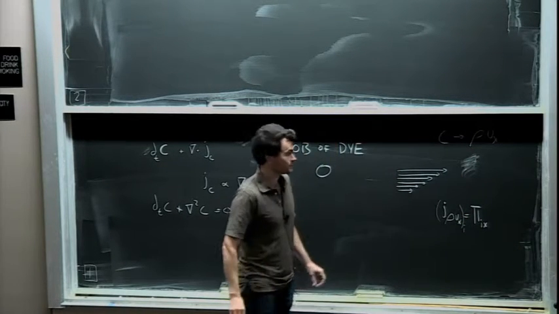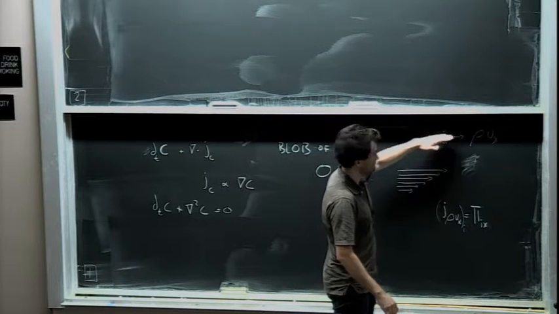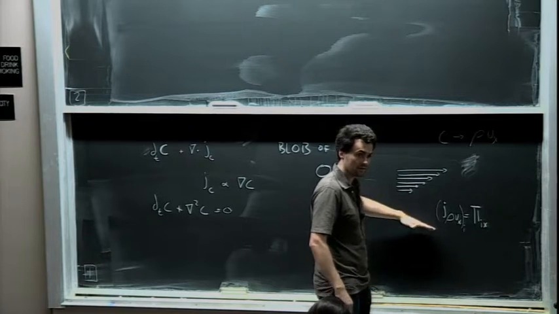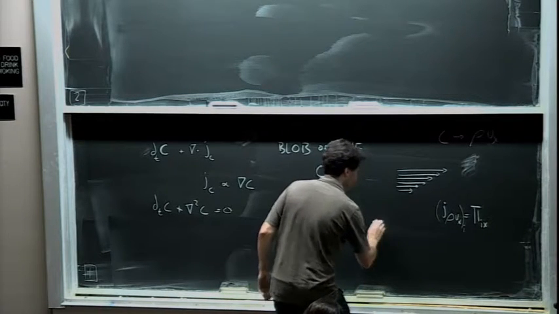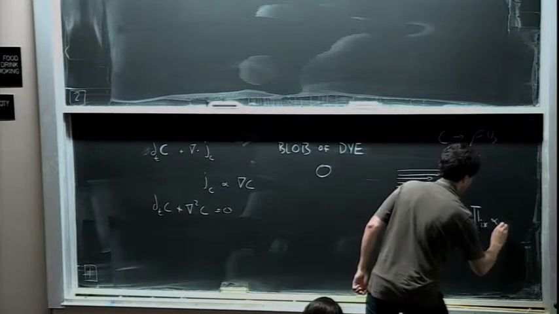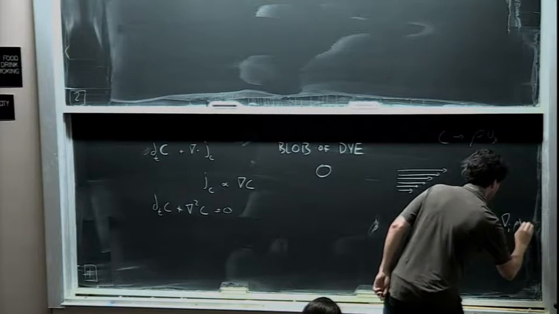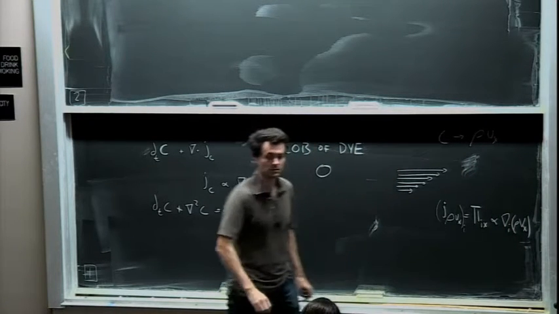The current associated with this diffusing x momentum is proportional to the gradient of the momentum in the x direction.